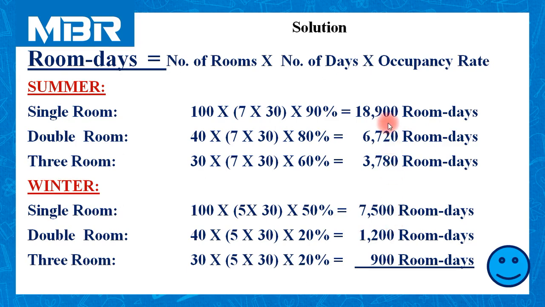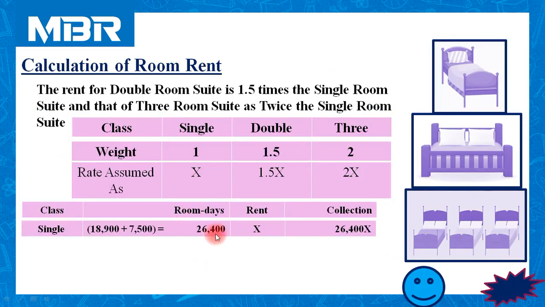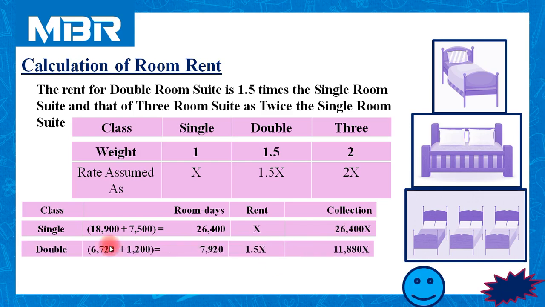So total room days for single room is 18,900 plus 7,500, that is 26,400. Room rent is x. So 26,400x is the collection from single room.